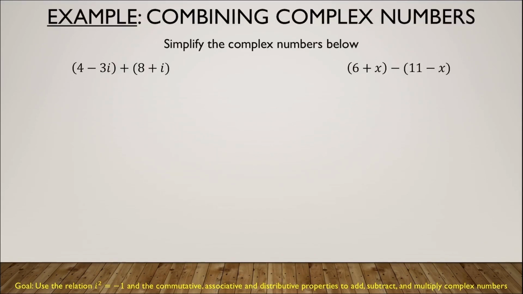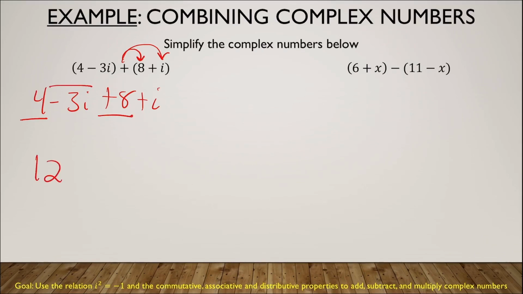So simplify the complex numbers. Here, when I'm adding them, I'm really distributing this positive, but it doesn't change anything. So we can just take out the parentheses and combine my like terms. I have 4 and 8 gives me 12. Then I have negative 3i and i, so negative 3i plus i gives me a negative 2i.